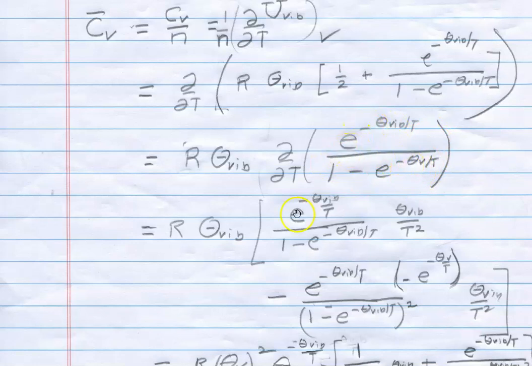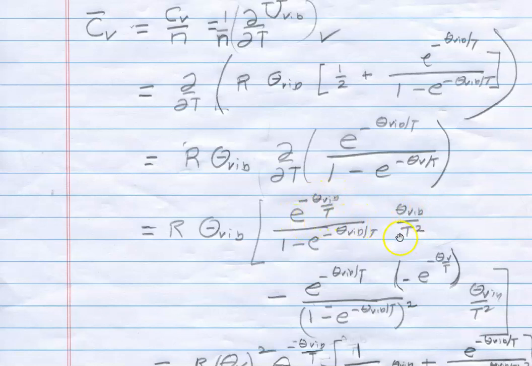The product rule says take the derivative of the first function, which I'm going to take as this one here. And I know the derivative of an exponential. I get the exponential back again, times the derivative of the exponent, in this case with respect to T. But we've calculated that partial with respect to T of minus theta vibration over T before, and one simply gets theta vibration over T squared.